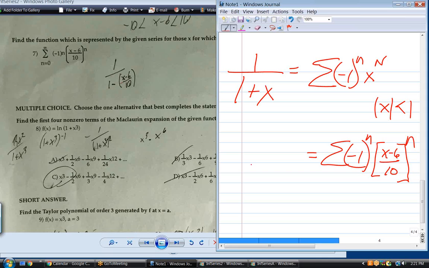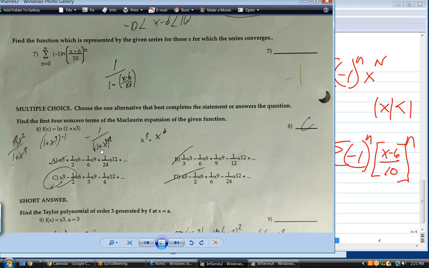So we should be able to write that as 1 over 1 plus x minus 6 over 10, which is r. The only reason you lost a point on this is because you had a minus instead of a plus.